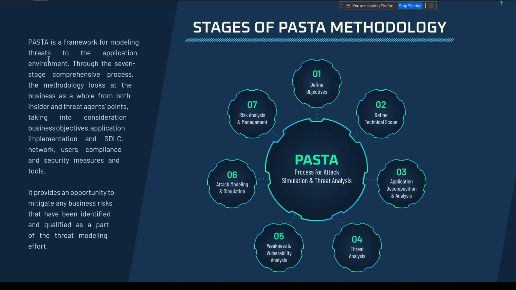We can involve the stakeholders in each and every phase, only the relevant ones. For example, when you consider PASTA, for the initial objectives, you are just going to talk with the business owner and the product owner. As a product security engineer or product security architect, you are going to understand the objectives from them in an individual call. Then you have an iterative call with the product team and the team lead in order to understand the technical scope of the application.